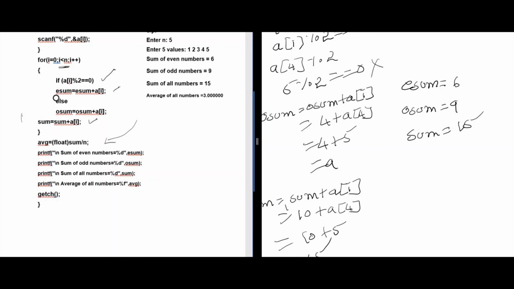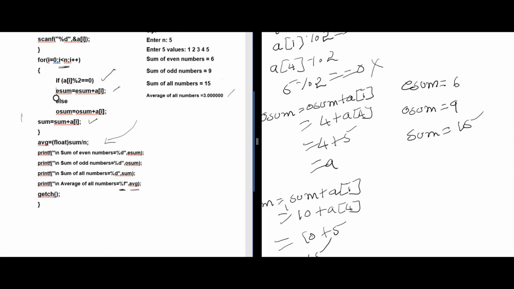Similarly, sum of odd numbers is equal to %d comma osum, so sum of odd numbers is equal to 9 is printed. In the same way, sum of all numbers is equal to %d comma sum, so it will print 15. And average, similarly, it will print 3.0. As average is a floating point, we have declared it as a float, so I am going to use the %f placeholder here.